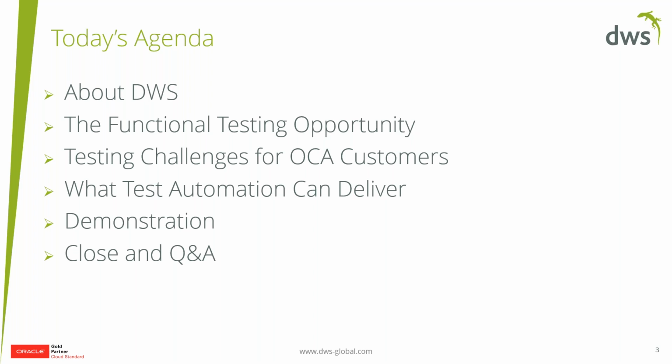We're going to look at the power of test automation and what it can deliver you and your team. And then ultimately we're going to have a demo at the end, and we'll have some time at the end of it for questions and answers. So anything that pops up throughout the conversation, please note it, and we will be happy to discuss it at the end of the session.